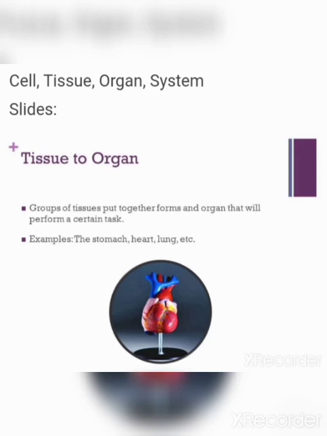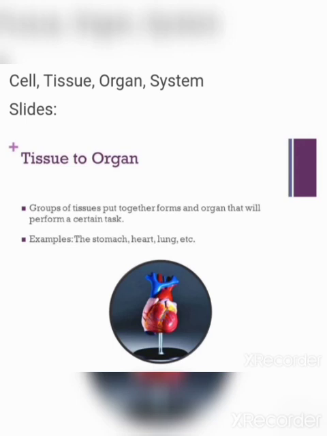You can say the parts of the flower are also organs of the plant, right? So when tissues combine, they form an organ. Cells and tissues are organized into a larger body part that is called an organ.